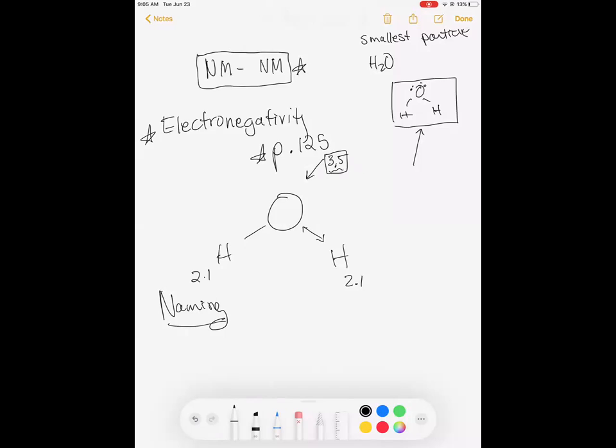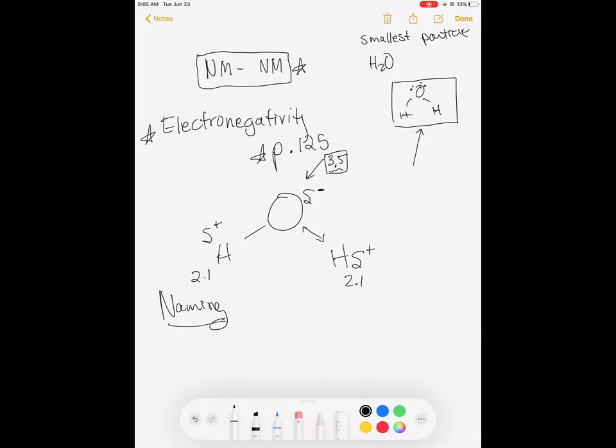And so in this bond, we say that the oxygen is slightly negative, and the hydrogen is slightly positive. Likewise, this hydrogen over here. And we'll talk more about how that affects the polarity of the entire molecule later.